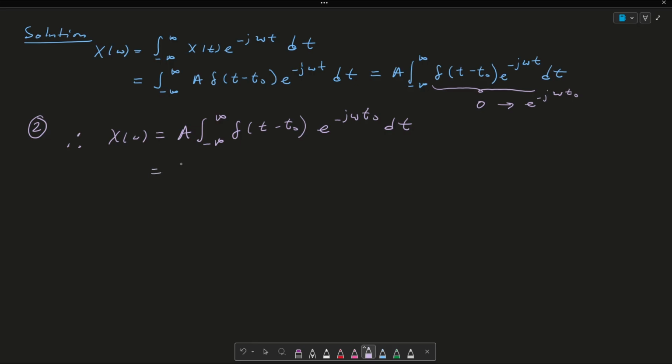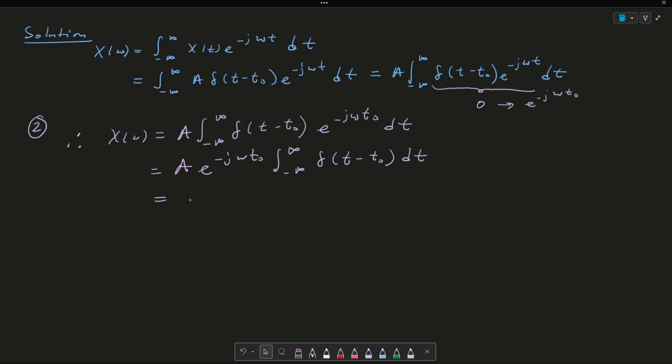Again, this is equated to A e to the minus j omega t0 integrated from minus infinity to infinity of delta(t - t0) dt, because this is just a constant, so I can pull it out.